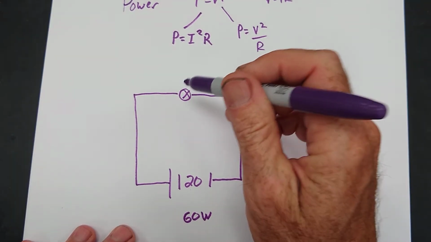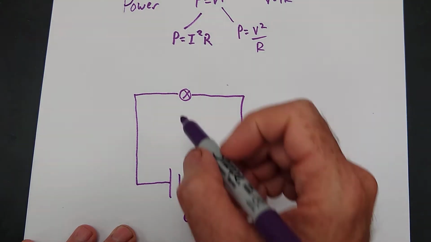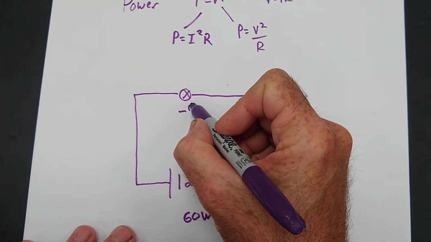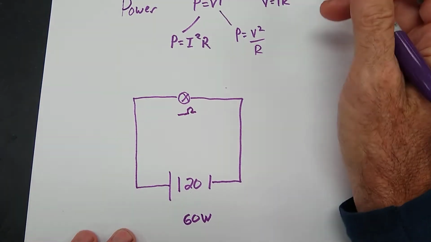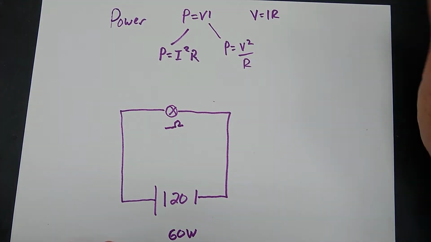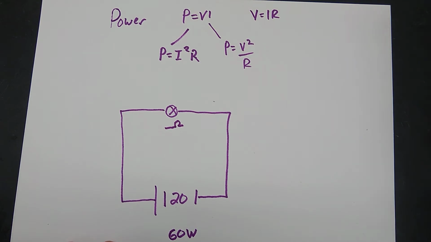So if this bulb right here is using 60 watts of power, what is the resistance in ohms of this bulb? I'm going to give you a chance to use these formulas and solve it.